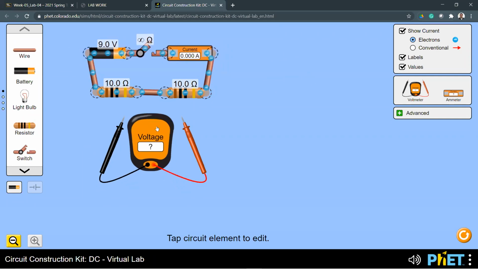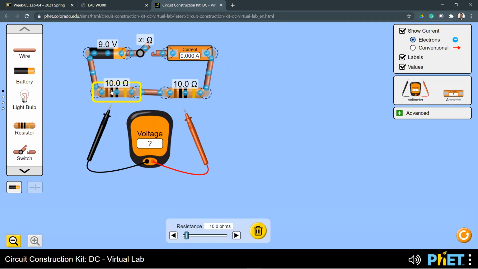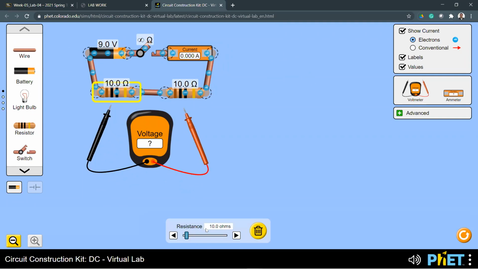Now I have to select the resistor values correctly according to my table. Resistor number 1, if you click on that, the slider will appear down here. So I need 15.5 for resistor number 1. That's the number we decided earlier.